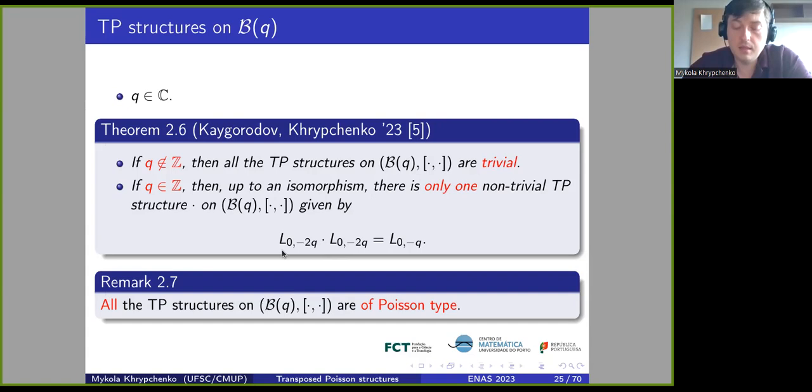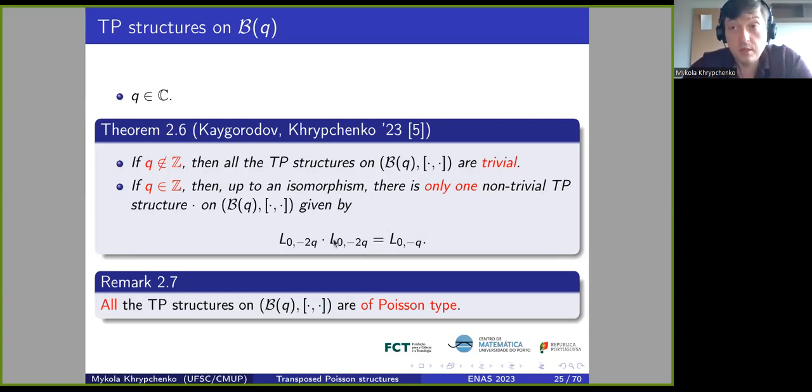In all of these multiplication tables, I just give possibly non-zero products. Those products which are not presented in the table are zero. So what can we say about this product?